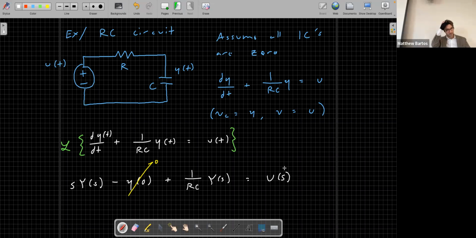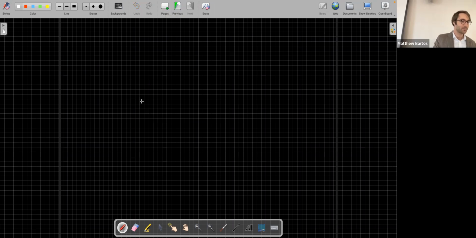Note here that big Y(s) we can factor out. So let's factor out Y(s), and we get the following equation: Y(s) times the quantity s plus 1 over RC is equal to big U(s).